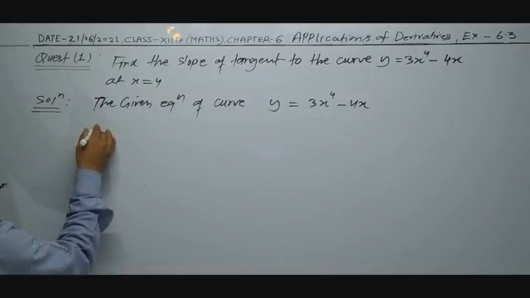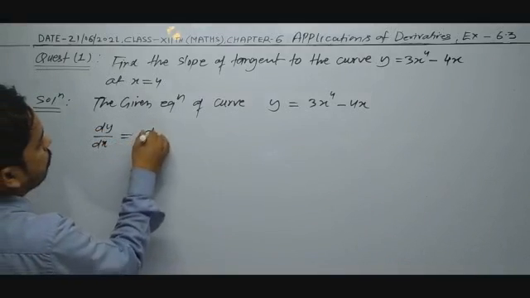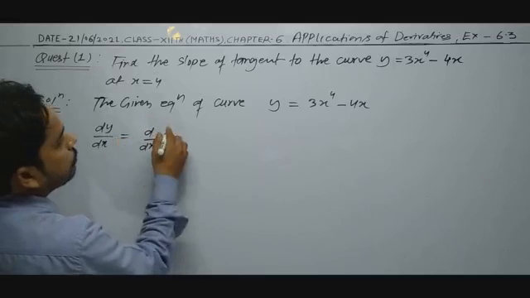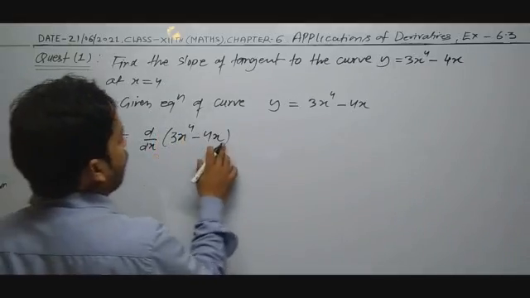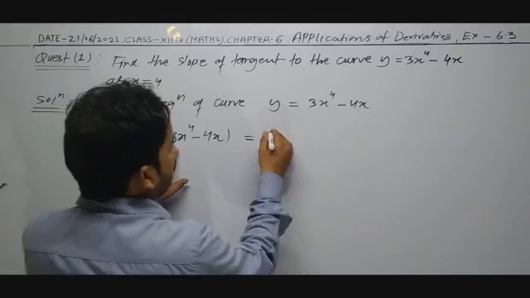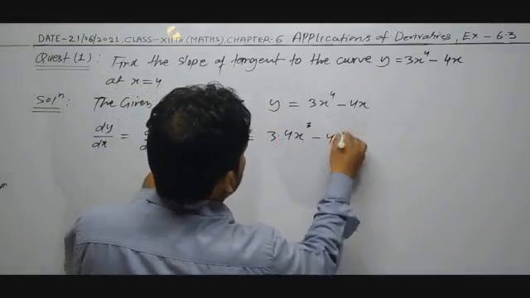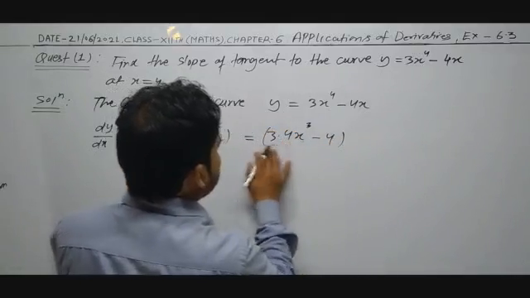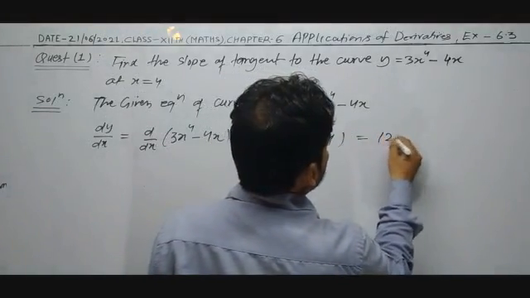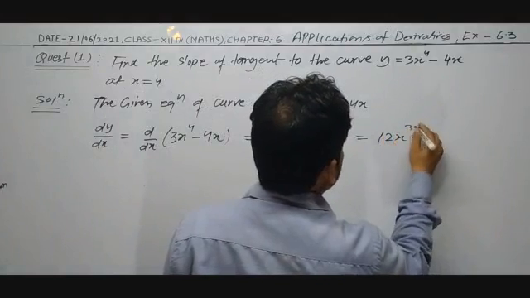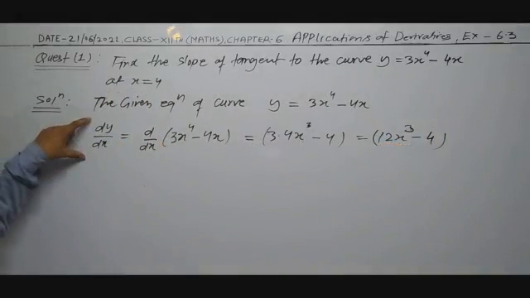Differentiate with respect to x, then dy by dx is equal to d by dx of 3x to the power 4 minus 4x. That will be equal to 3 times 4x cube minus 4, and its result will be 3 4s are 12, means 12x cube minus 4. This is the dy by dx.